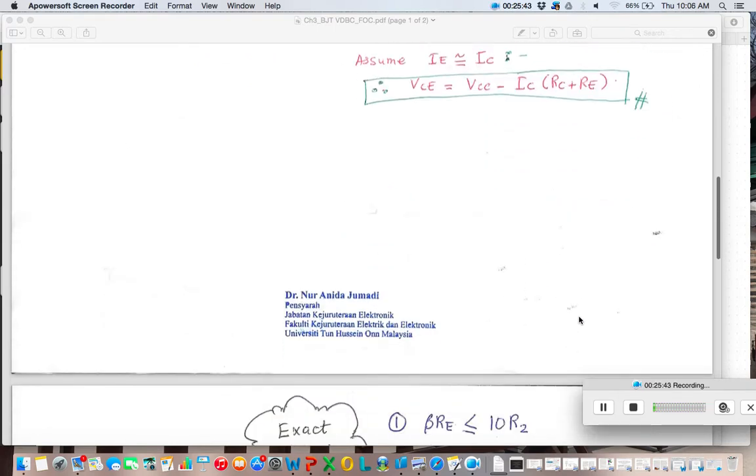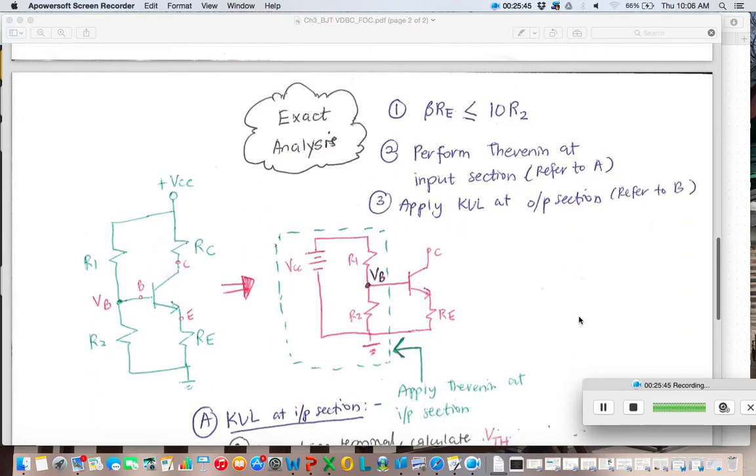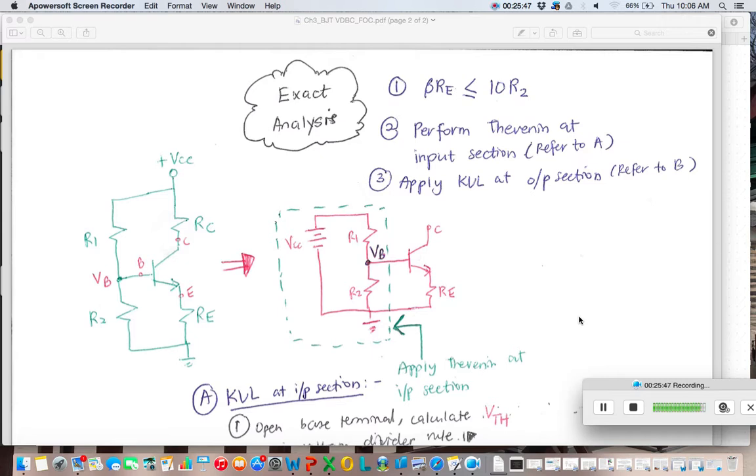Okay, now we move to exact analysis. Just now, approximate analysis emphasized beta RE greater than 10 R2, but for exact analysis beta RE must be less than 10 R2. The exact analysis approach is different from approximate analysis.